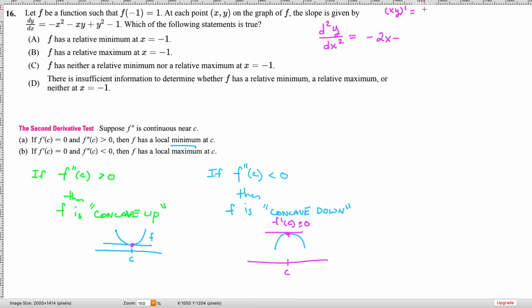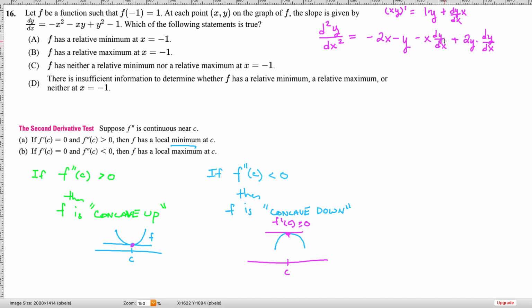The derivative of x is 1, times y, plus the derivative of y, which is dy dx, times x. And it's minus that whole thing, so I'm going to write minus y minus x dy dx. Then I have plus the derivative of y squared, which is 2y times dy dx. And then the derivative of negative 1 is just 0.